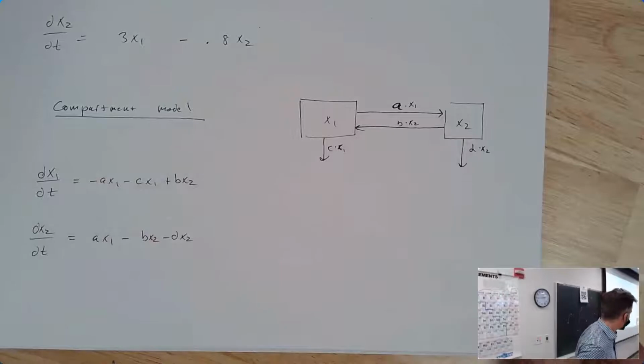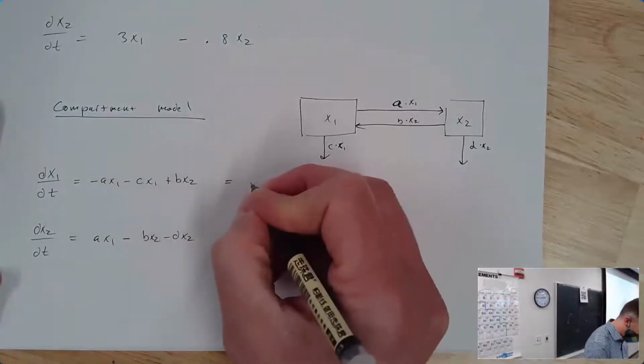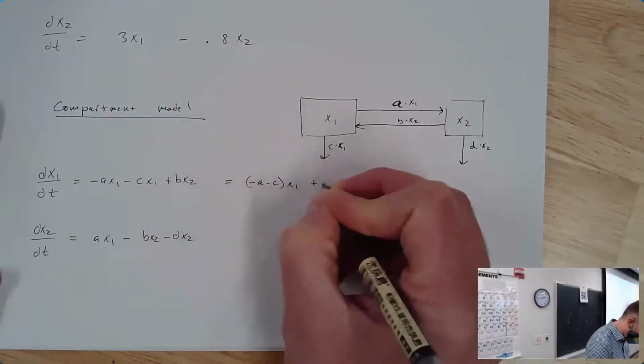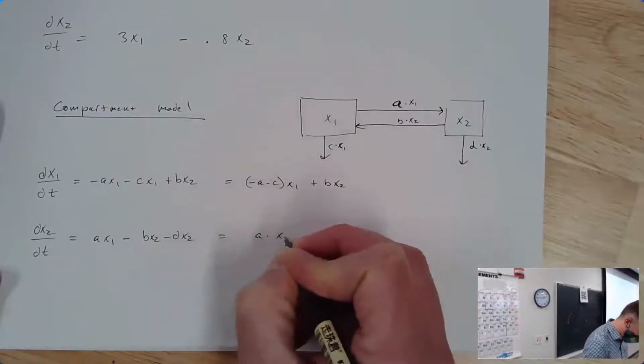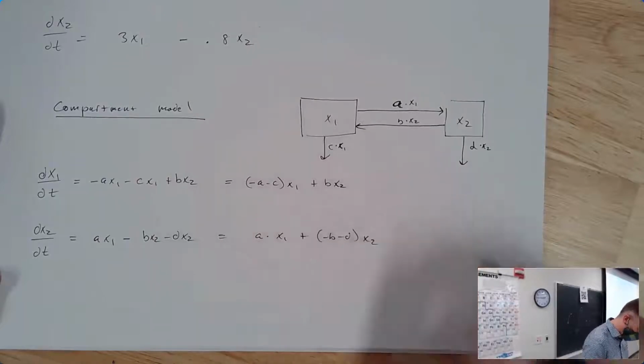You probably want to write this as (negative a minus c) times x1 plus b times x2, and a times x1 plus (negative b minus d) times x2.